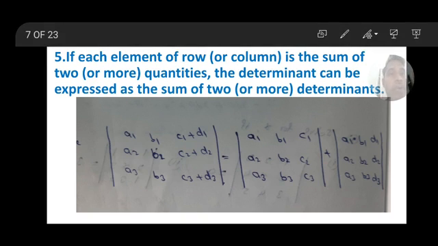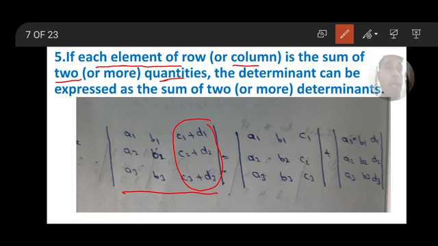For example, take this determinant: a1, b1, c1 plus d1; a2, b2, c2 plus d2; a3, b3, c3 plus d3. Here the third column is the sum of two elements. Each element of a row or column, here I am taking the column, is the sum of two quantities.